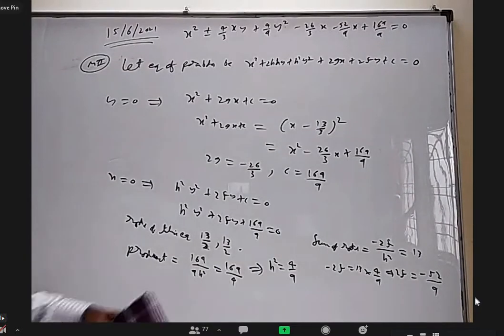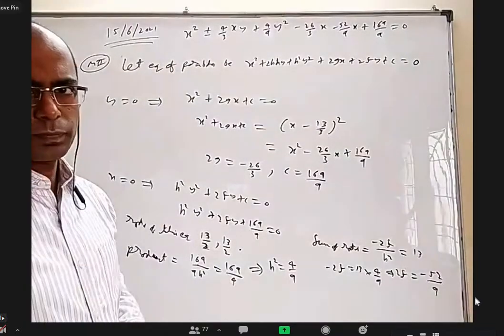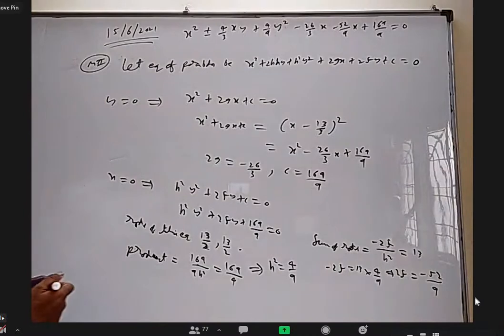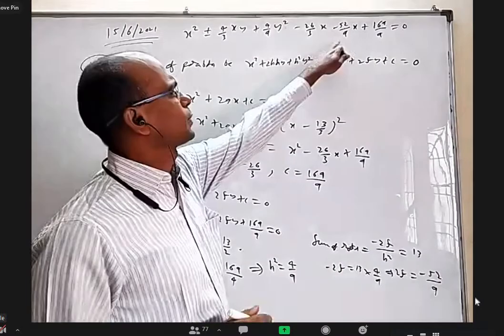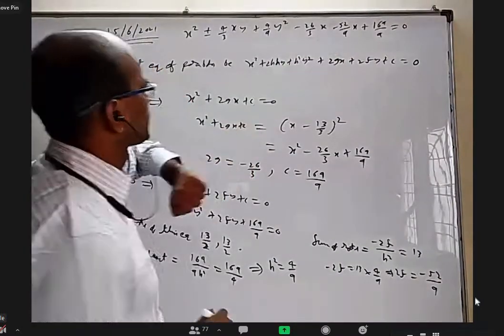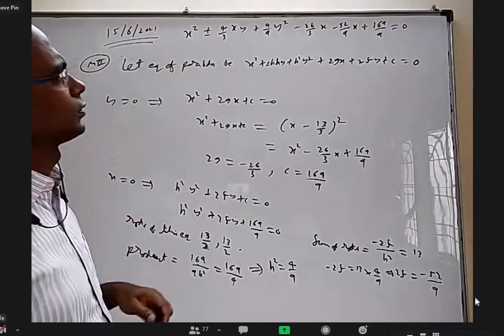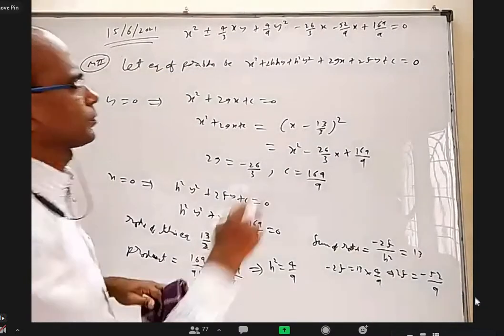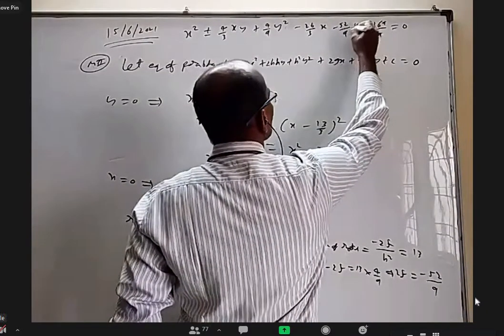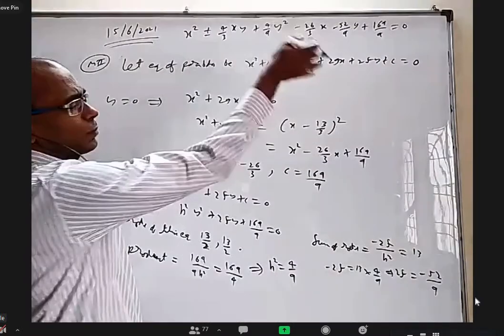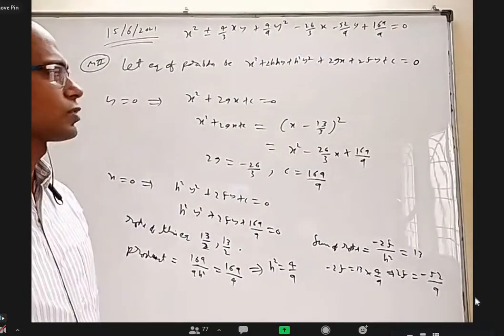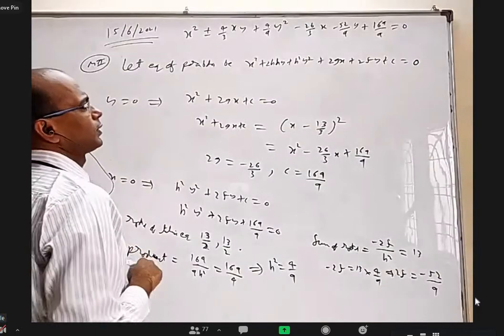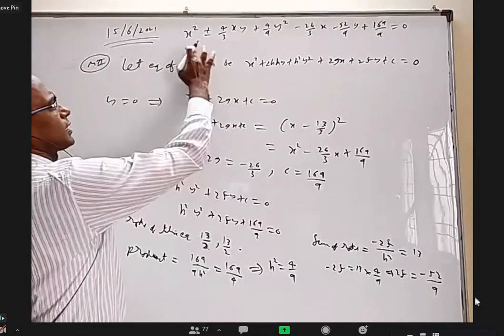Okay. Now one may ask, should I take plus or minus? If I take minus 26 by 3 common, I'll get 3x plus 2y. If I take plus here, it will be a pair of parallel lines because delta will be 0. I should take only minus. So please understand what I'm trying to do here.